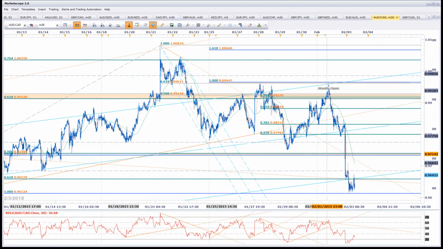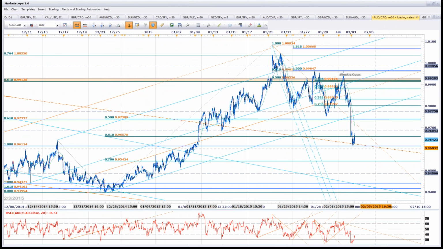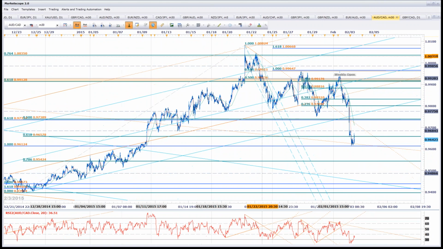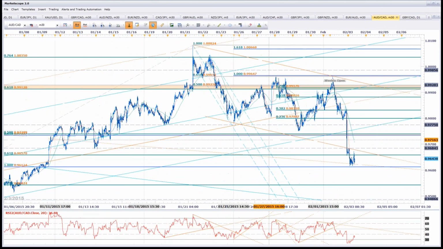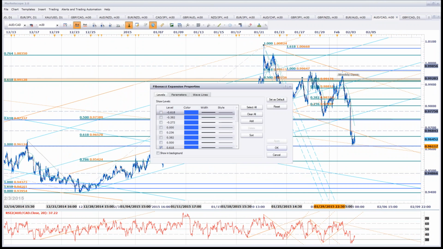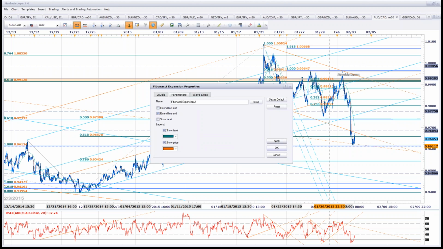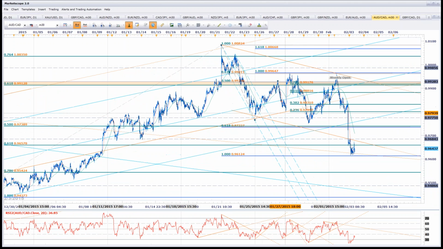Let's just zoom out real quick. Oh, that extension is wrong.